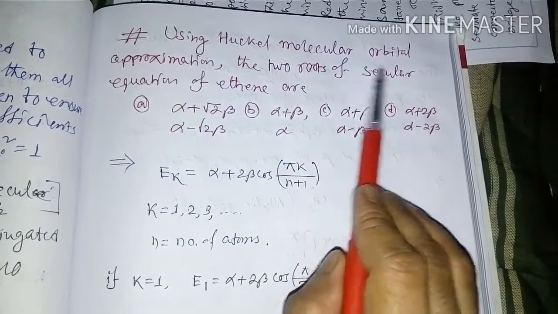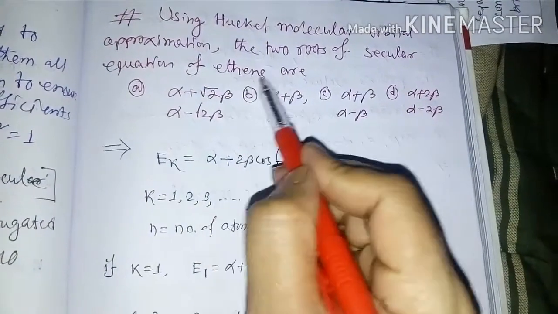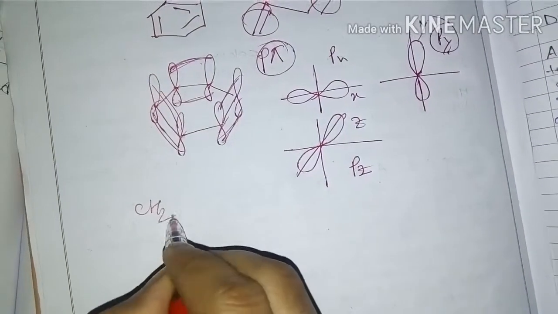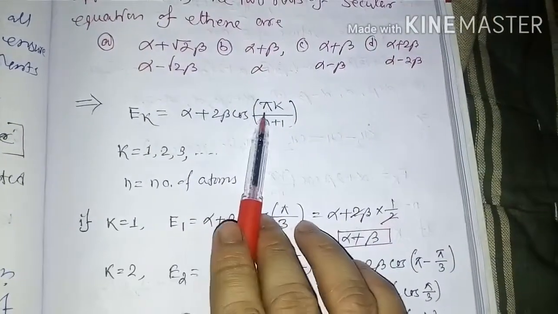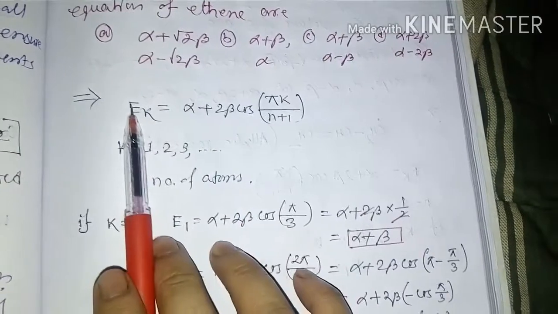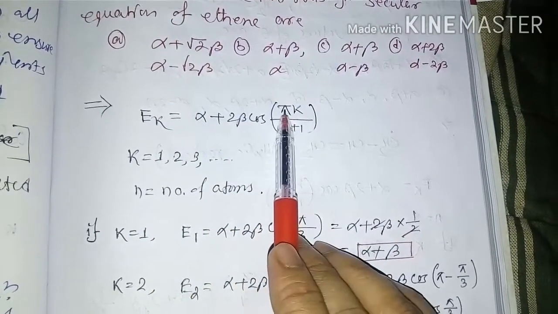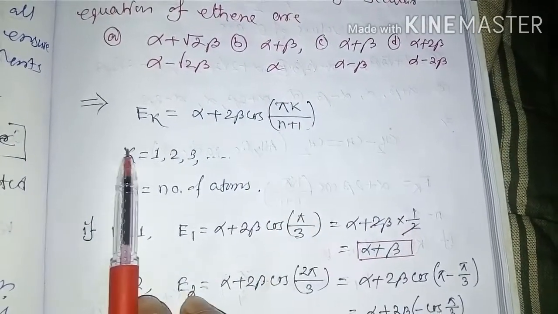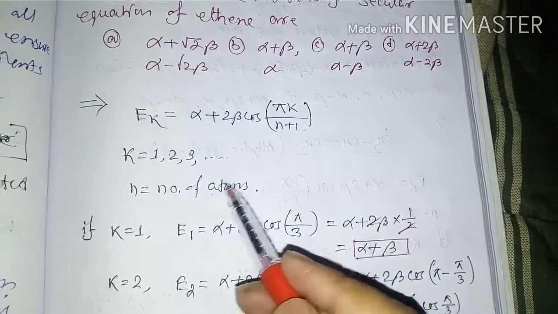The two roots of the secular equation of ethylene, ethene, are, now which one is correct? Ethene, CH2 double bond CH2. Okay, see, this is the formula: Ek equal to alpha plus 2 beta cos pi k divided by n plus 1. K value is 1, 2, 3 like this, and n equal to the number of carbon atoms.